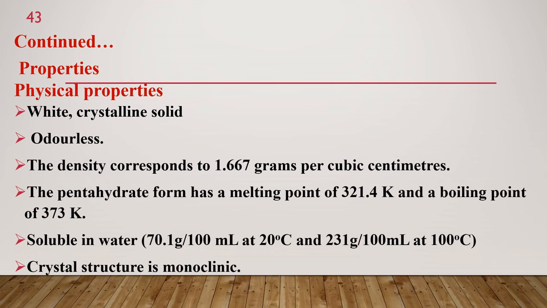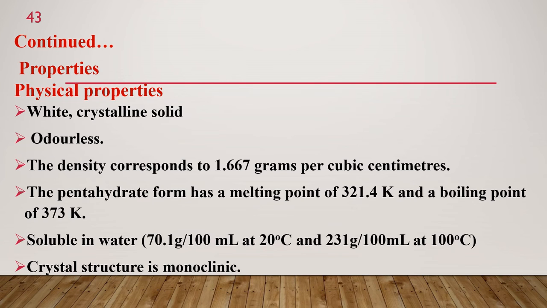Properties of sodium thiosulfate. Physical properties: sodium thiosulfate occurs as a white crystalline solid. It is odorless in nature. The density of sodium thiosulfate corresponds to 1.66 grams per cubic centimeter.